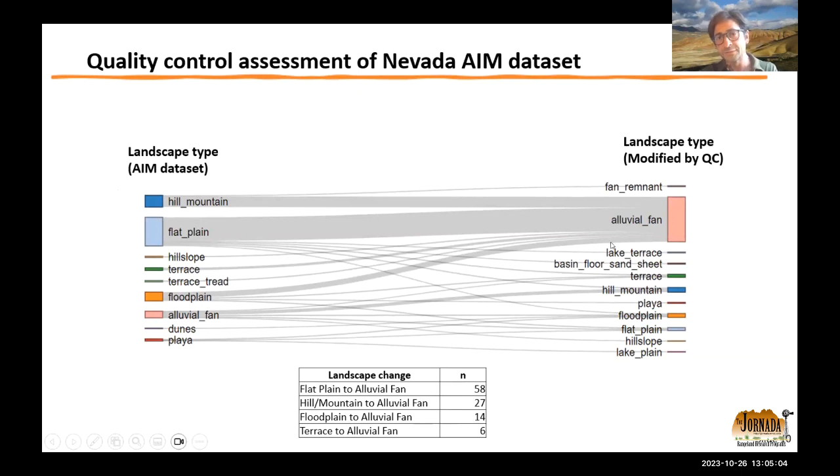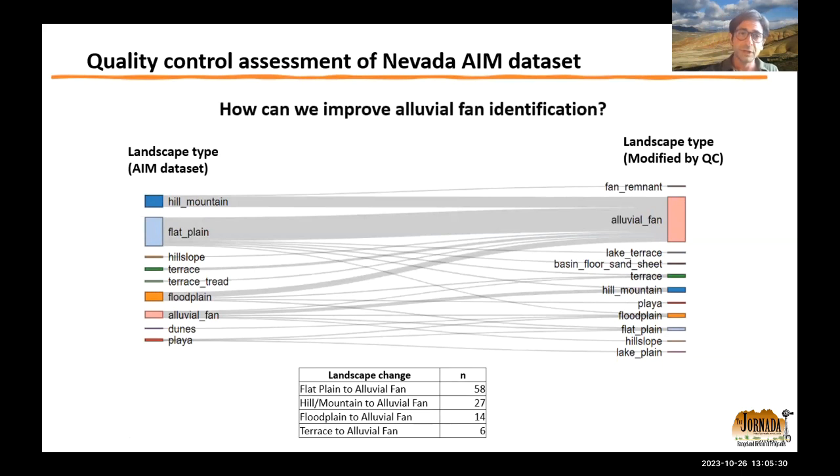On the right side of this graph, there are landscape types that the experts modified based on the information provided. So we see here that a lot of flat plain and hill and mountain changed to alluvial fan. This can certainly have implications for the certainty of ecological sites. So the question is, how can we improve alluvial fan identification, at least in Nevada?